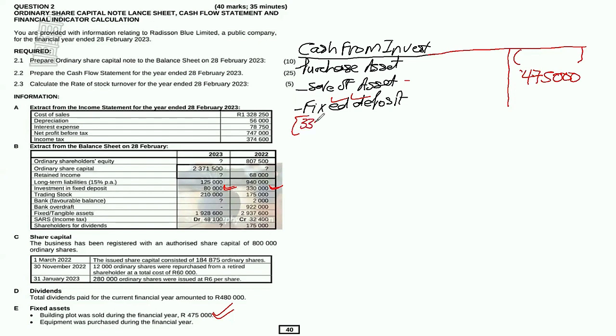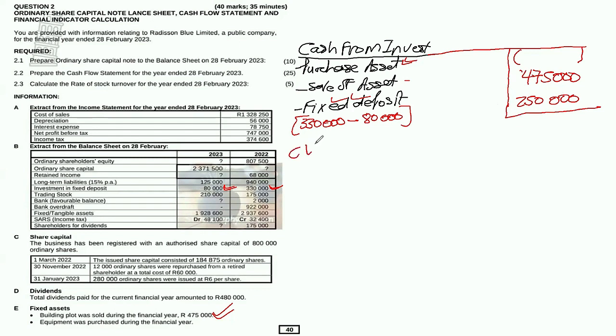So it's going to be 330,000 minus 80,000. Whenever your fixed deposit decreases, it's an inflow. So it means fixed deposit matured. So our fixed deposit matured is going to be 250,000. Now you need to calculate your purchase of asset.